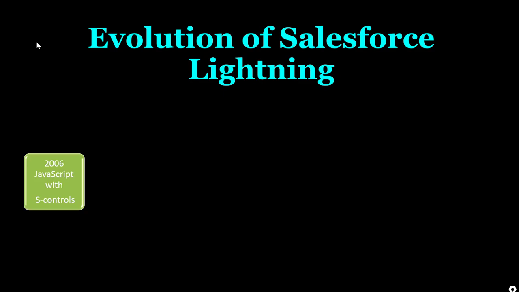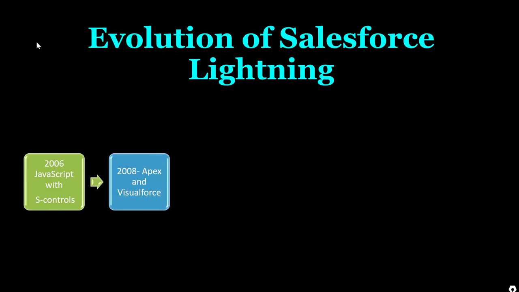There was one big code file with no structure. It was a complete mess. But trust me, before the advent of Visualforce and Apex, S-Controls looked magical. Then in 2008, Salesforce came up with Apex and Visualforce after seeing the limitations of S-Controls.